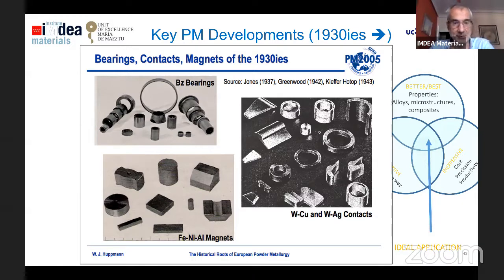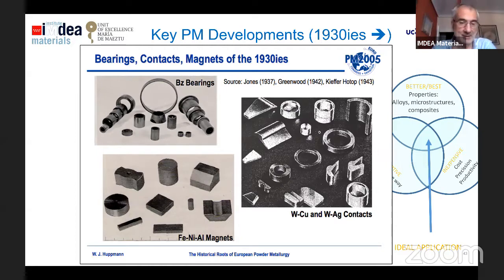In the 30s many kinds of bearing materials were developed, even magnets, with this configuration of microstructure with a well-controlled porosity. And this was another important milestone in the powder metallurgy industry.